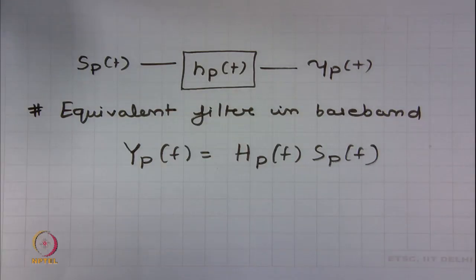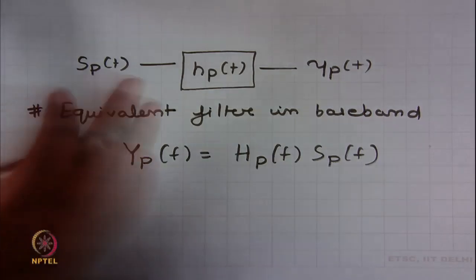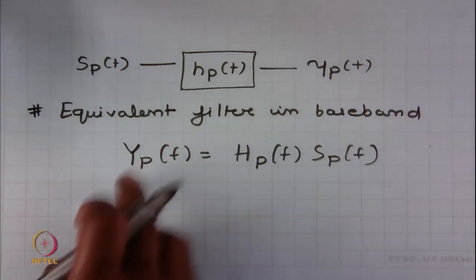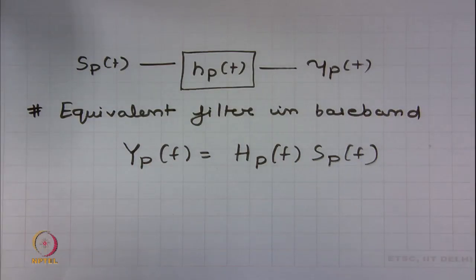This is true in general if this filter is an LTI filter, which we have assumed, a linear time invariant filter. Then I can write Y_p(f) as the product of the filter response and the signal's spectrum. This is very basic.